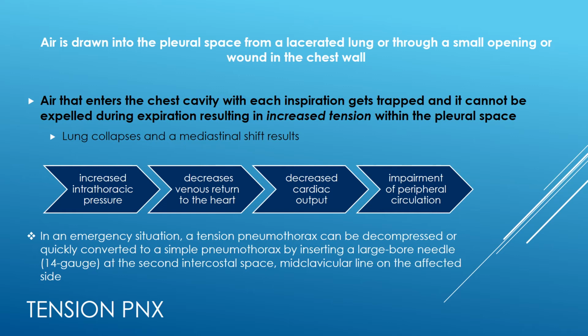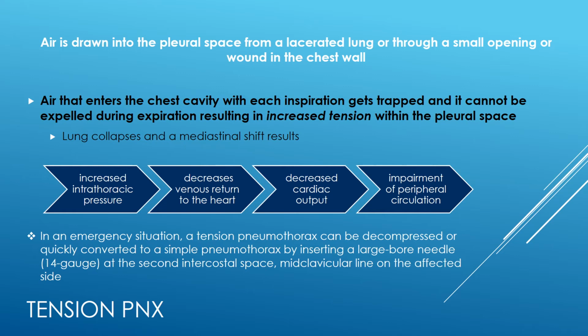So this is an emergency because it can lead to decreased venous return to the heart, which then leads to decreased cardiac output, and impaired cardiac output means that the rest of your body is not being perfused adequately. So in emergent situations, for patients with tension pneumothorax, physicians can put a large needle into the chest wall to deflate all of that tension.